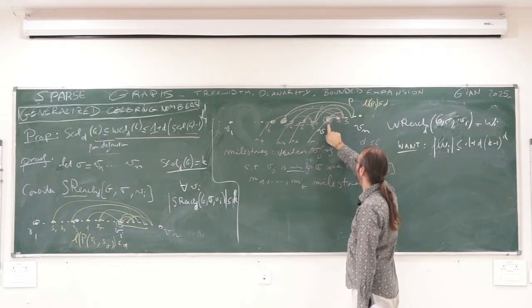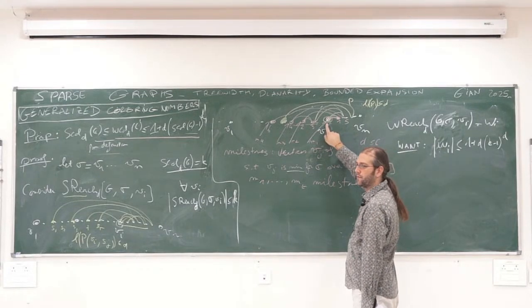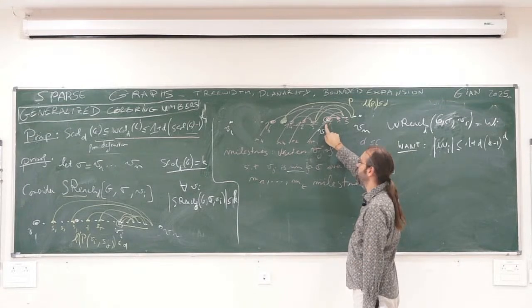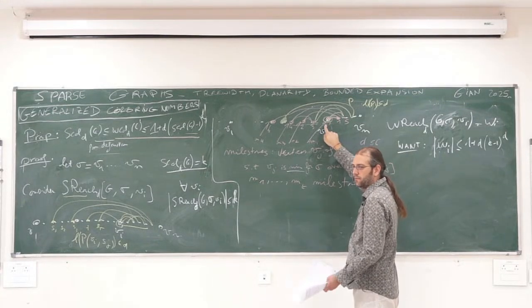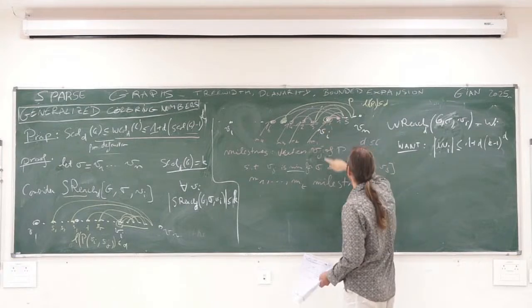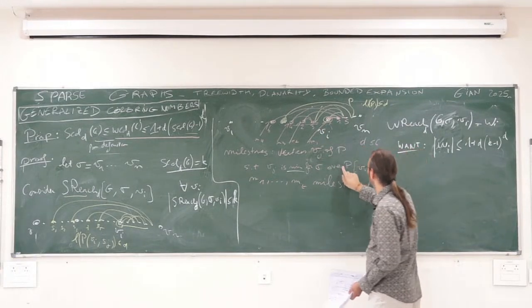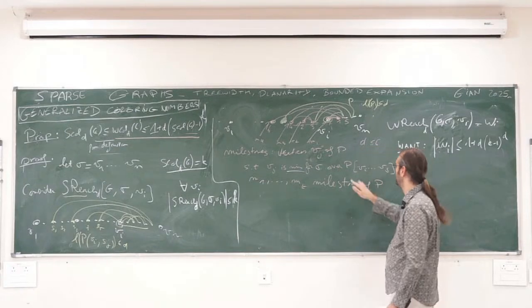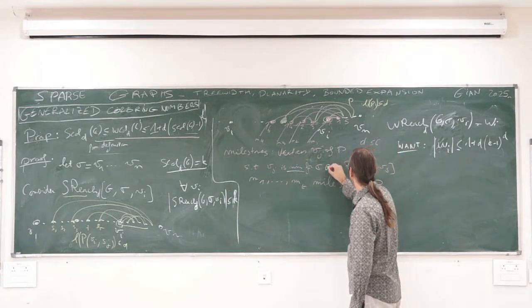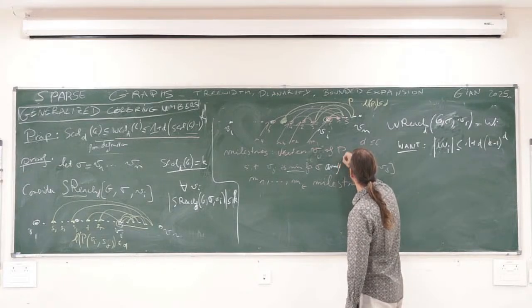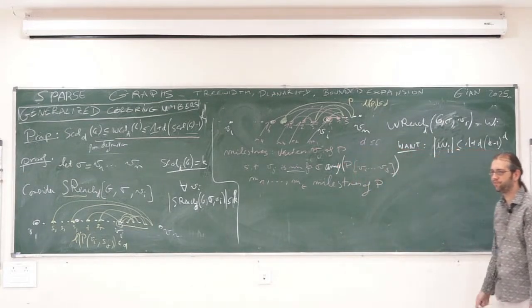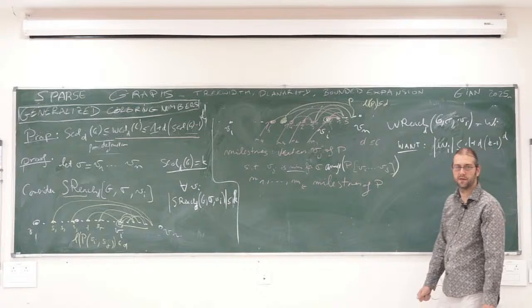At this moment, the path has just one vertex. Obviously, that vertex is minimum for sigma among all the vertices in that path, right? This is minimum for sigma over that path, among the vertices of that path.